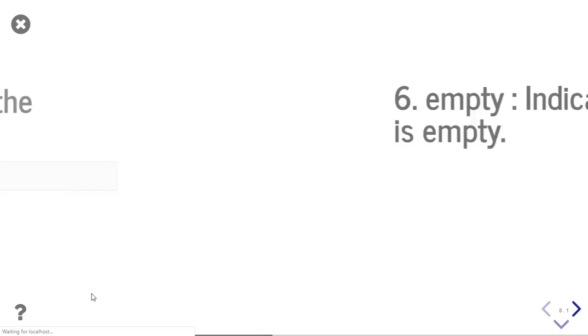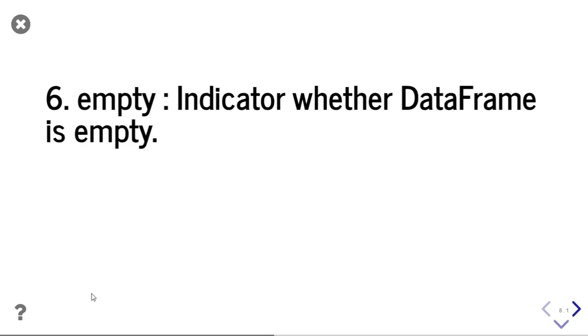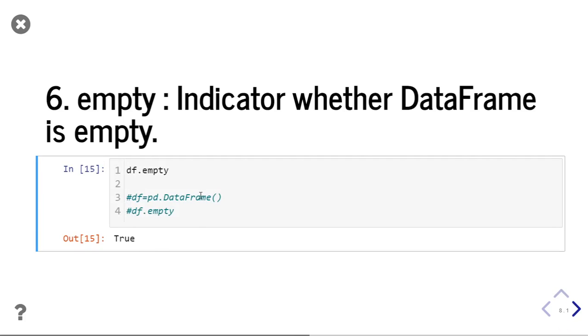Now let us move to the sixth attribute, that is empty. In case you want to see if your data frame is empty or not, you can use this attribute. It will return true if your data frame is empty, otherwise it will return false. As you can see, when I run df.empty, it is returning false since my data frame has some values.